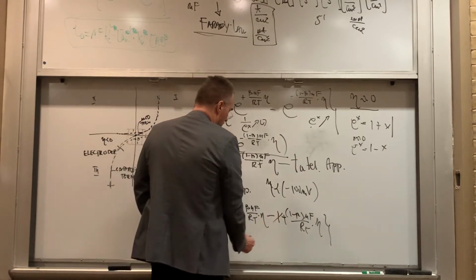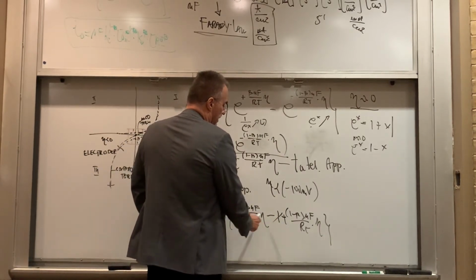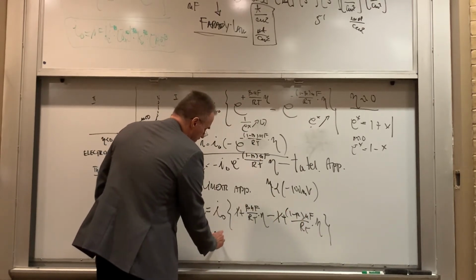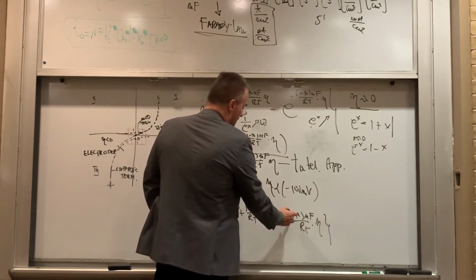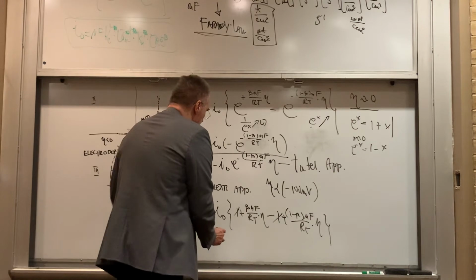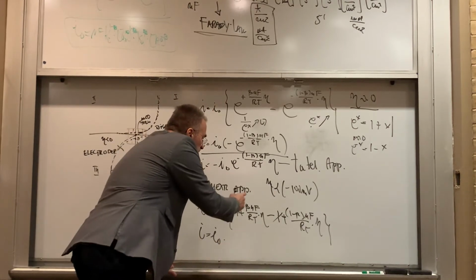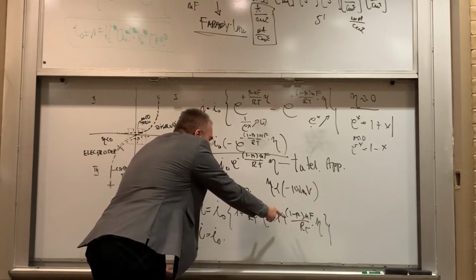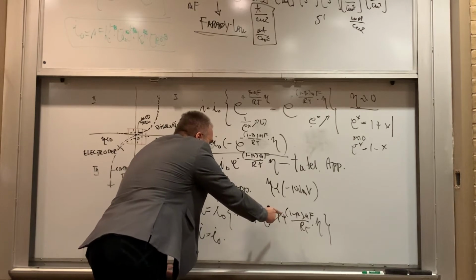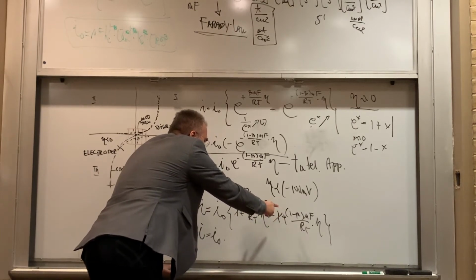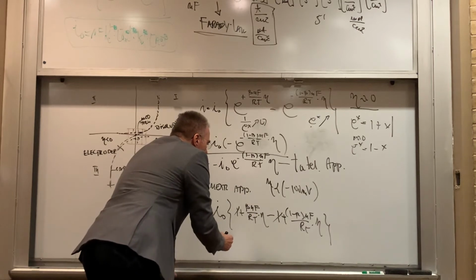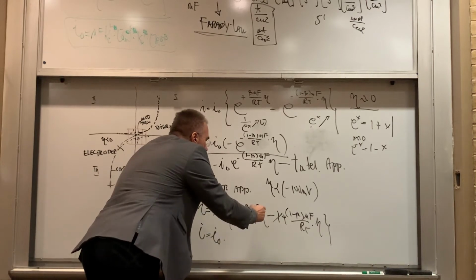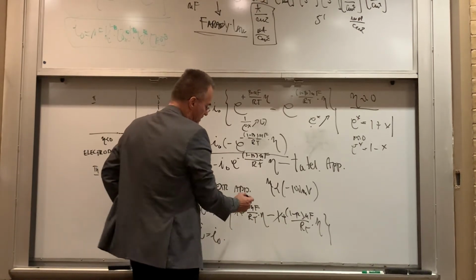Obviously this and this goes away, and this beta and this minus beta go away, so what you're really left with is I equals I naught times, basically just beta and then this minus, and so on. But anyway, let me introduce something here which is more convenient in the literature.